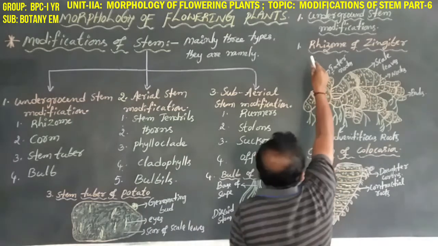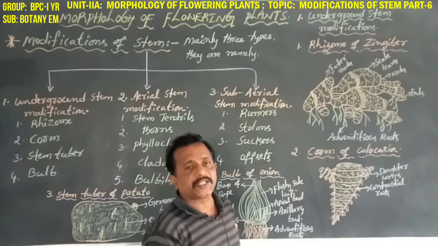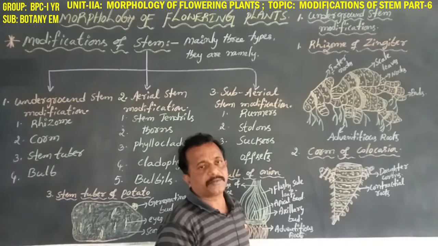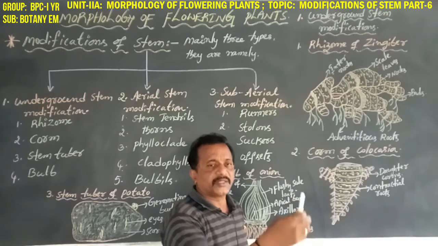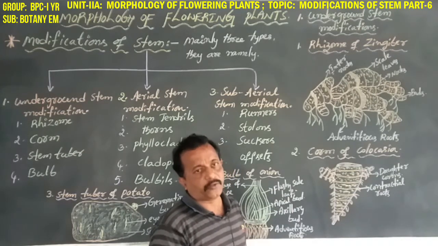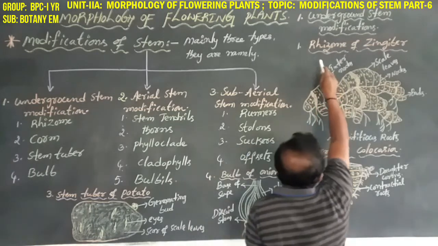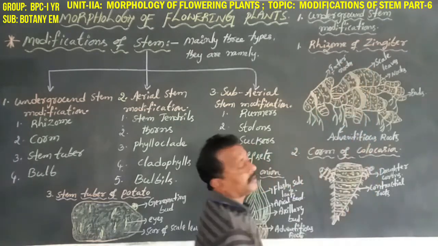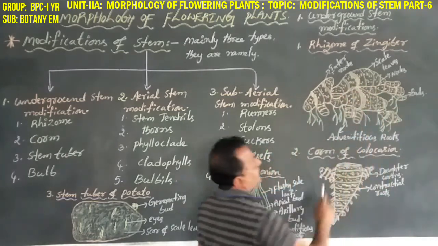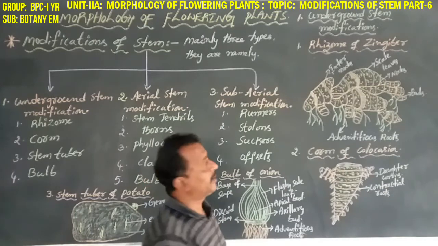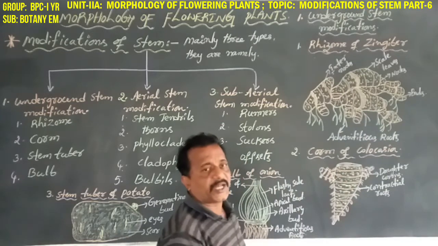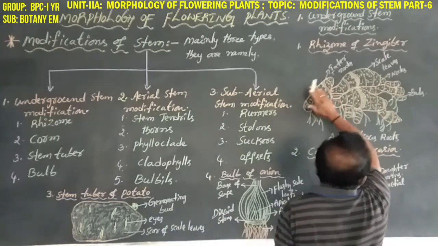Once again, rhizome: the best examples are ginger, that is Zingiber officinalis, and second, turmeric, that is Curcuma longa. This is a rhizome of ginger. It is an underground stem and a branch, and it always grows horizontally in the soil.